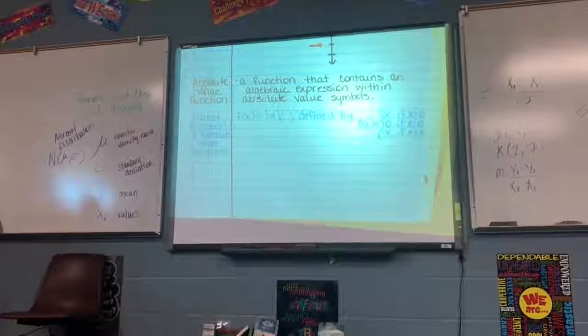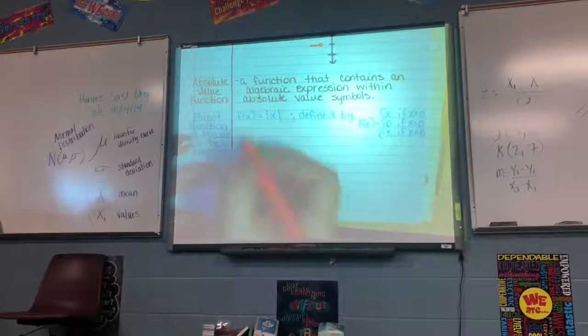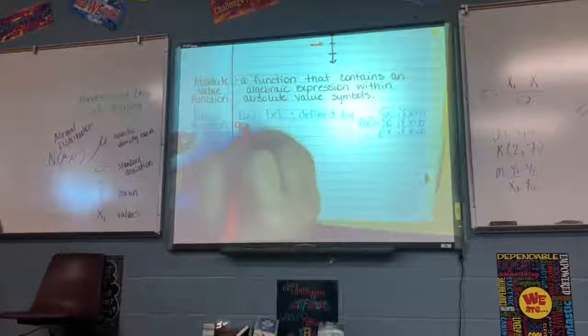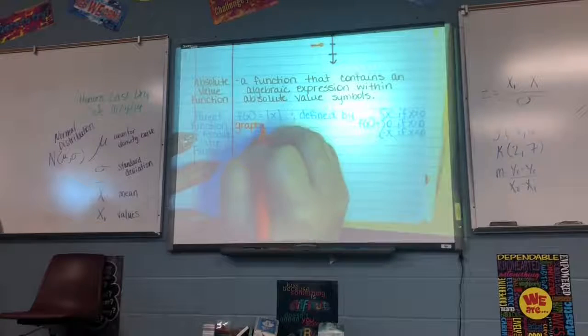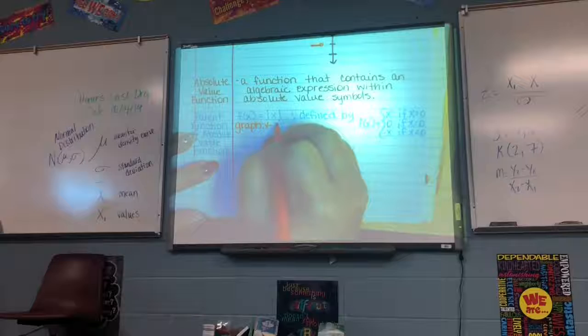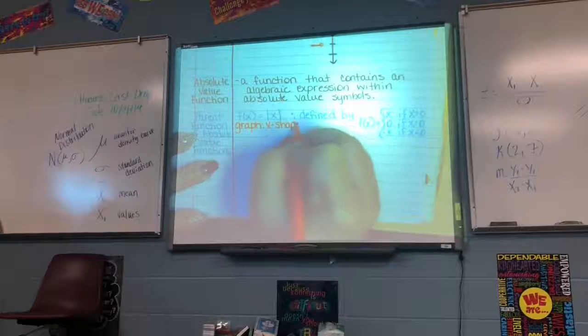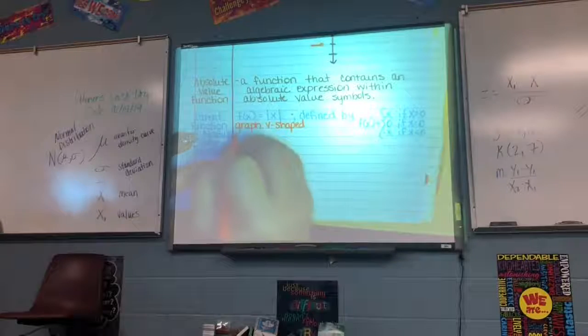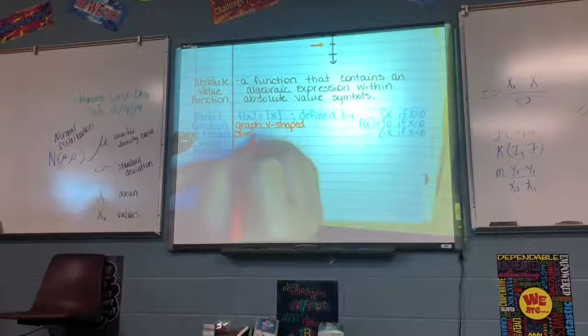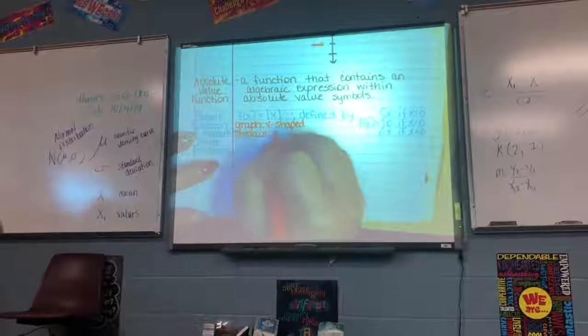Okay. A couple of things you need to know about it. Its graph is V-shaped. The domain of absolute value is always all real numbers.